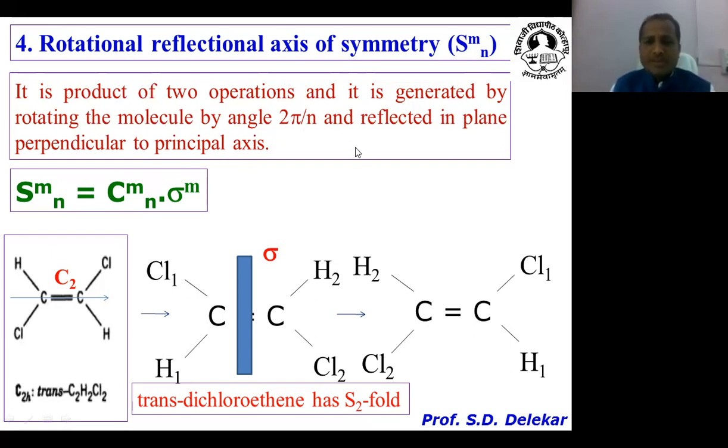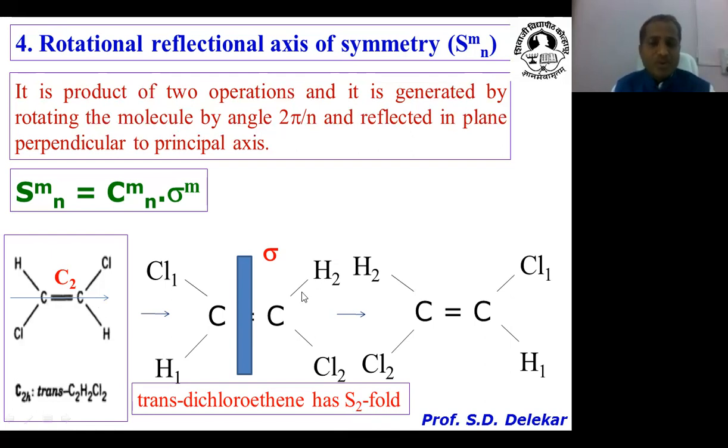Because of this, as one example, the trans dichloroethene molecule has a two-fold improper axis of symmetry. Why two-fold? Because at 180 degrees, and after that the reflection, we are getting the equivalent orientation. So symbolically it is represented as S2 axis of symmetry.